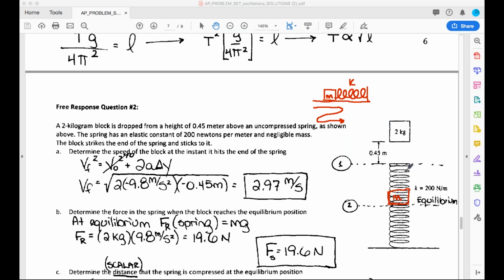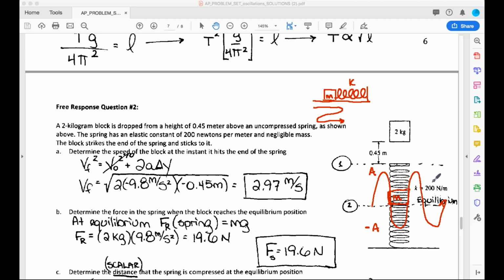Let's say for a second that it's not moving, and then somebody comes along and pushes it down to this lower position. It's going to vibrate up and down between A and negative A. So the gravitational potential energy piece is taken into account when the spring does some work as the block gets lowered to the equilibrium position.